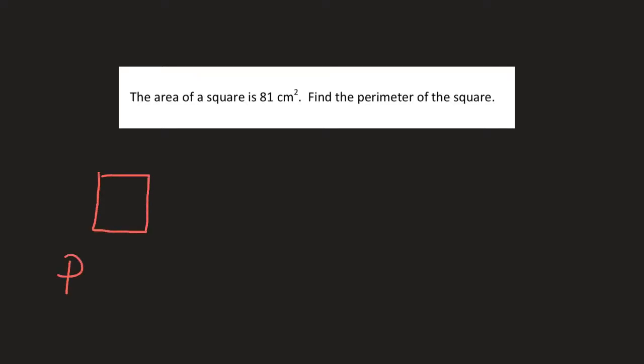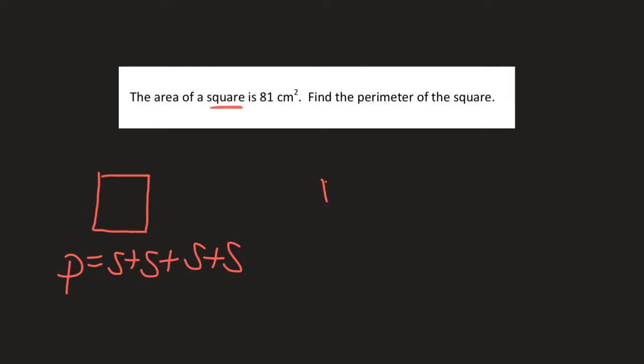So my perimeter is going to equal side plus side plus side plus side. I do not know the sides, but I do know the area of a square. So my area is going to equal 81 centimeters, and that's centimeters squared.